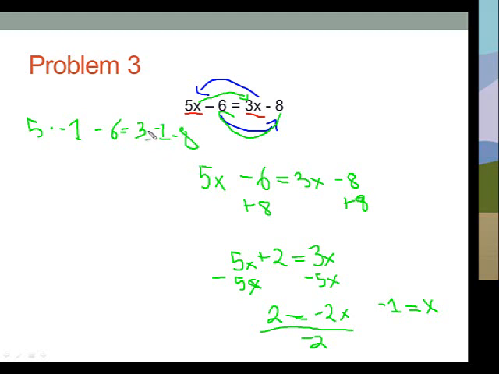So this is negative 5 minus 6 equals negative 3 minus 8. Because they're both negatives, it's like adding, so this is negative 11 equals negative 11. So x does equal negative 1.